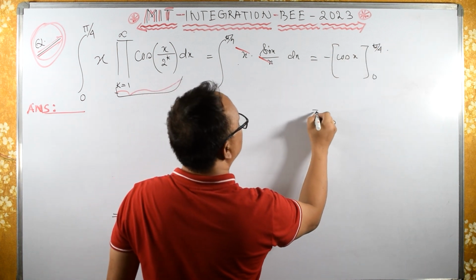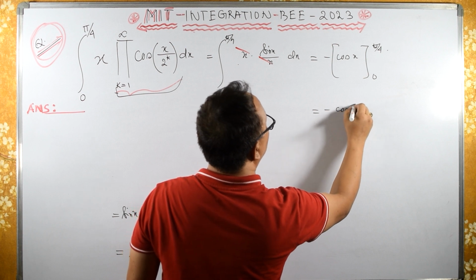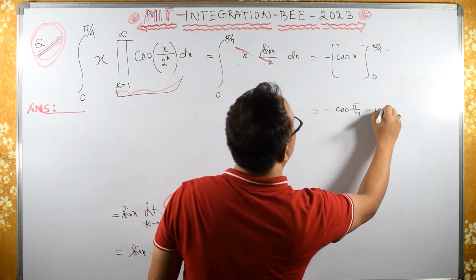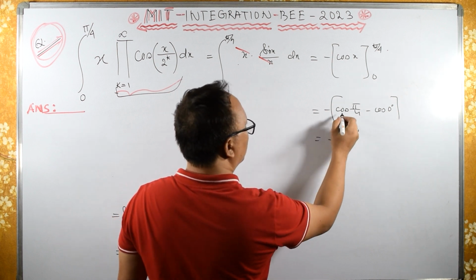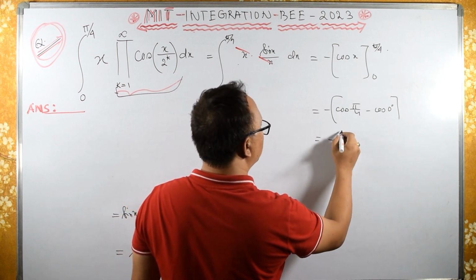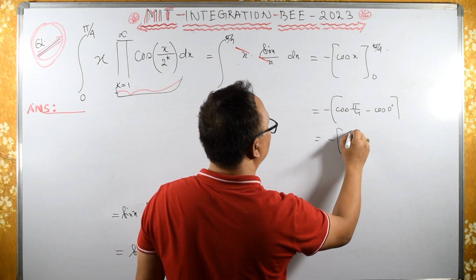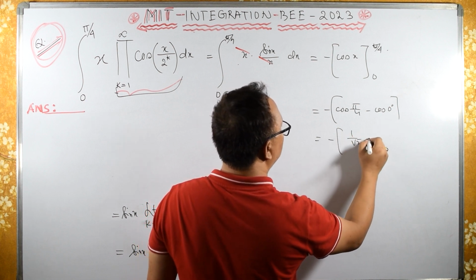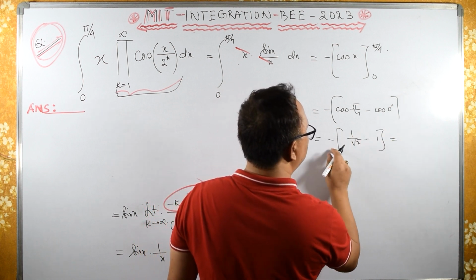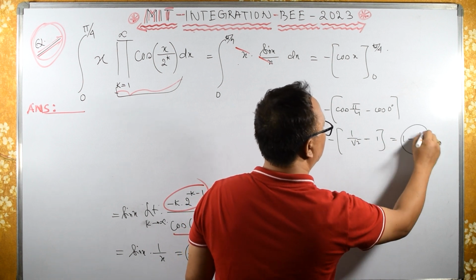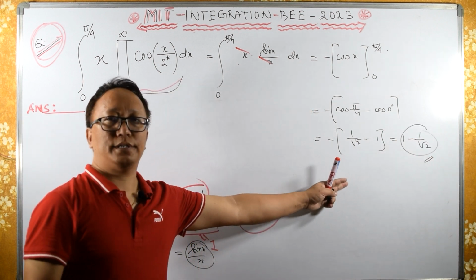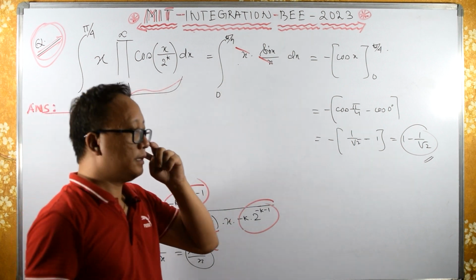Upper limit minus lower limit: minus cos of pi by 4 minus, minus cos of 0. Cos pi by 4 is cos 45, which is 1 by root 2, and cos 0 is 1. So we get 1 minus 1 by root 2. This is the required answer for this.